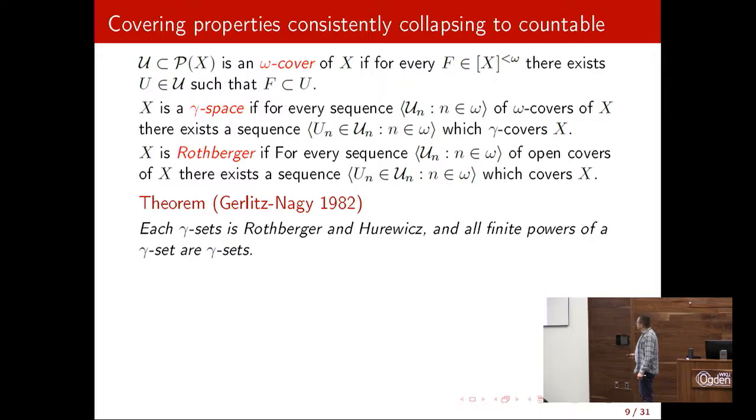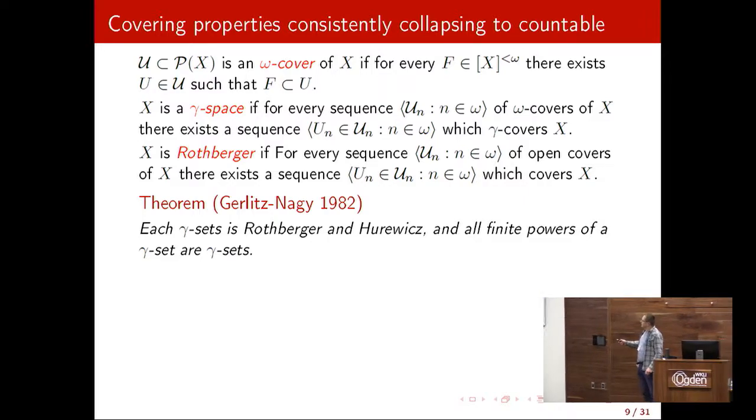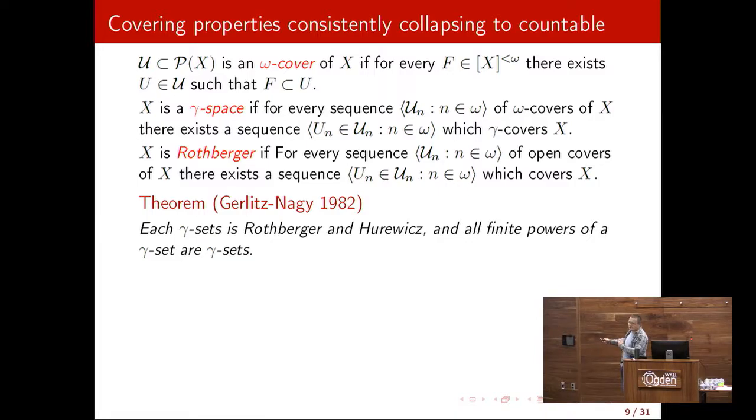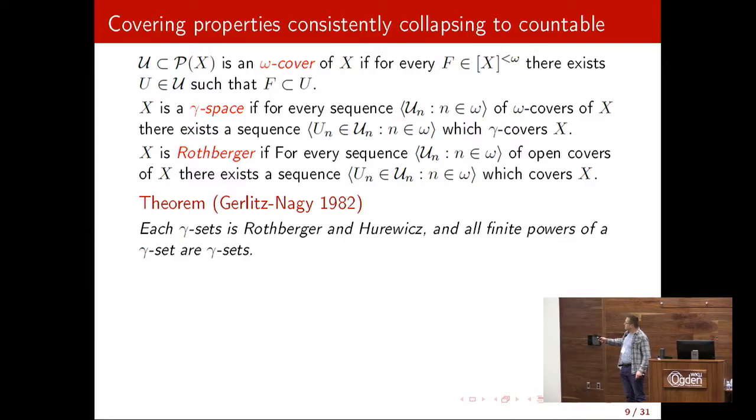Now, this is not so obvious because in the definition of the Rothberger property, you need, as an outcome, a weaker property, right? Here you demand to be a gamma cover at the end, and here you just say that it's a cover. But the sequence of open covers in the gamma space is much more restricted than what you get as an income. Here you put this additional property of being omega covers, and here you just get any open covers.